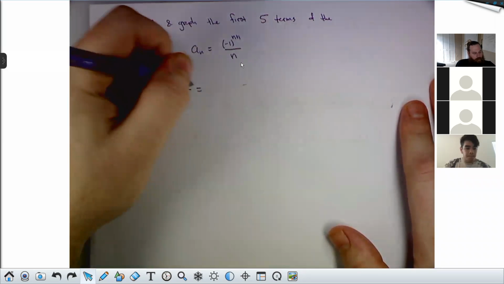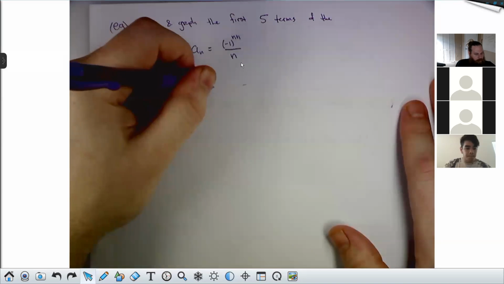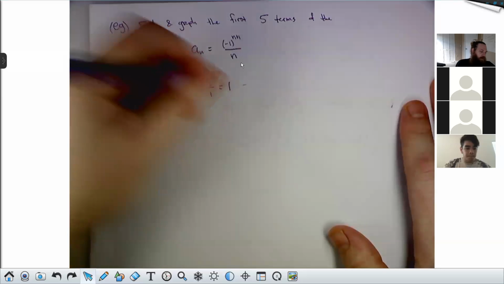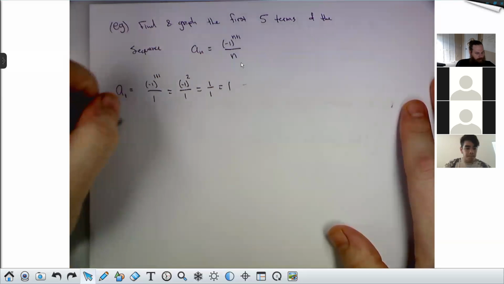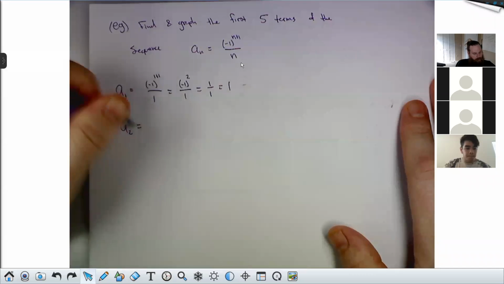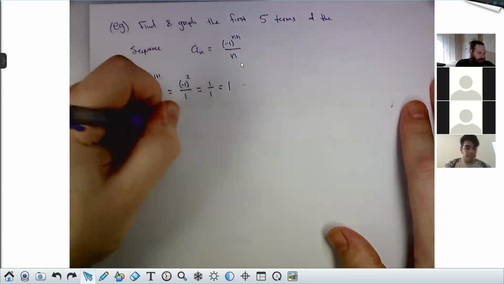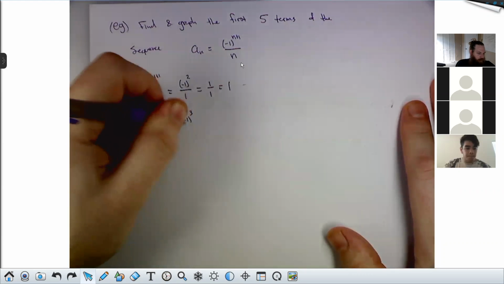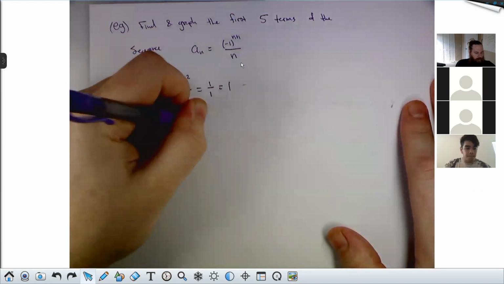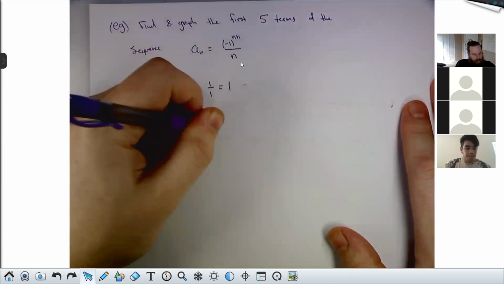And (-1) squared is -1 times -1, which is +1. So this is 1 over 1, or just 1. A2 would be (-1) to the 2 plus 1 over 2, which is (-1) cubed over 2, which is -1/2.